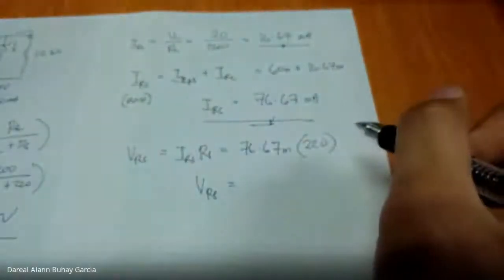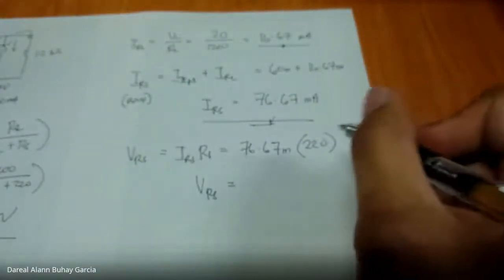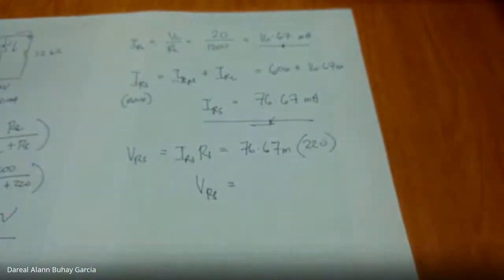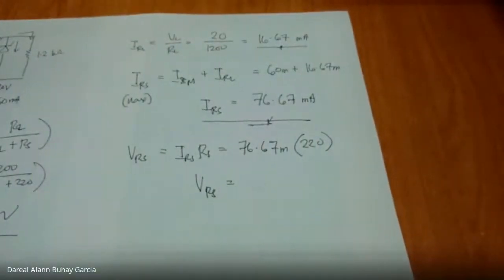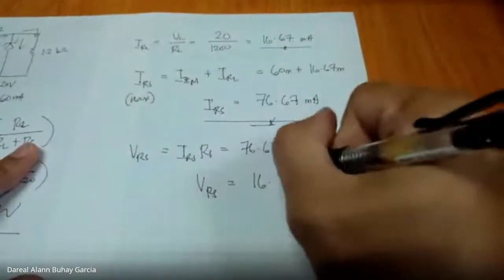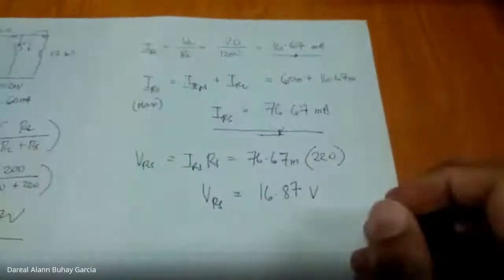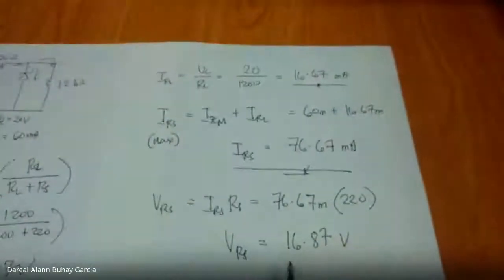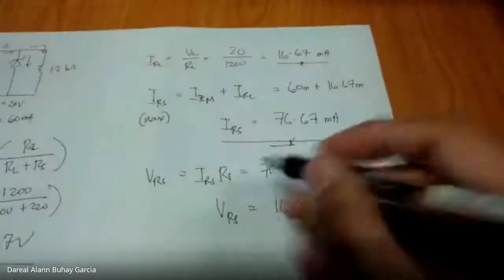So VRS is equal to 16.87 approximately volts. So at maximum current for our source resistor, ang voltage, 16.87.